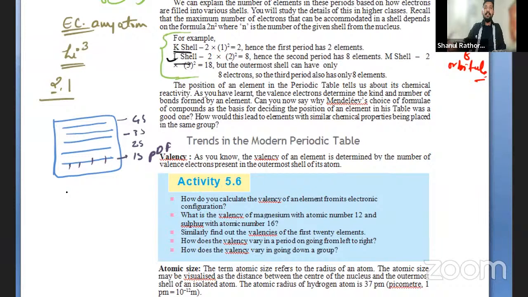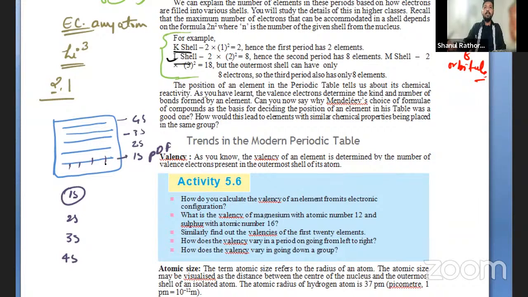In higher classes you will understand that if we draw these groups like this, each student has a specific roll number.